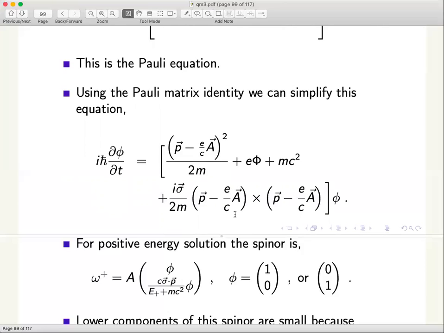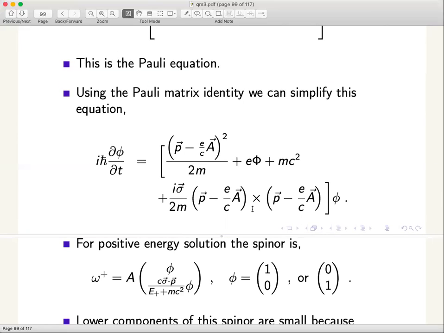Now naively you would have expected this pi cross pi to be 0, but that's not true here, because there's a gauge field sitting around here, there's a vector field sitting around here, and when you open this up, there are various terms, and many of them vanish, but not all.